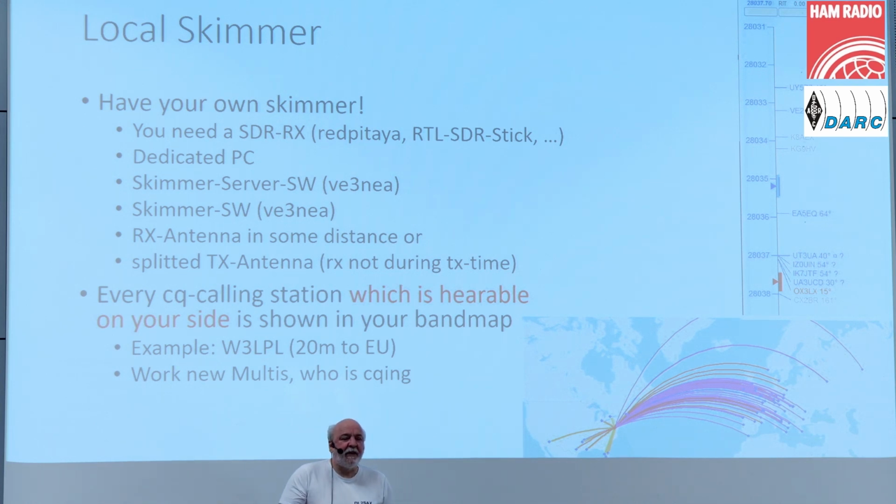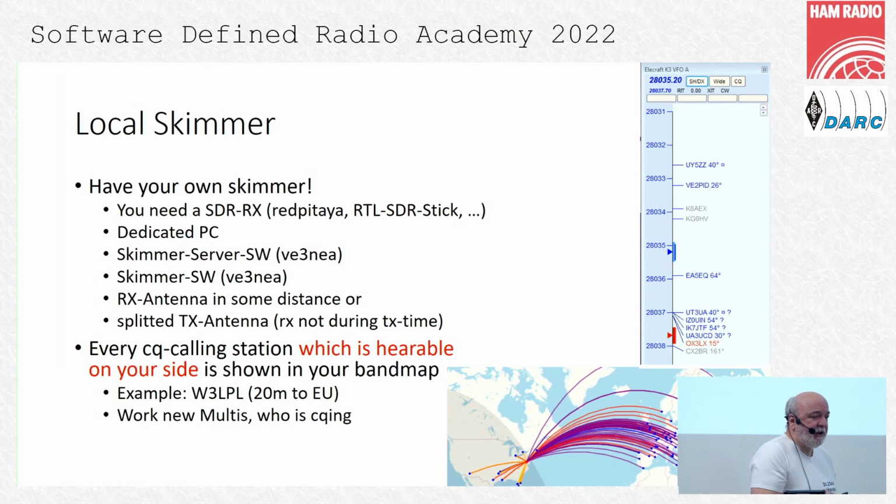What do you need for your own skimmer? You need an SDR transceiver, Red Pitaya, RTL-SDR, or something like this. You need a dedicated computer for this. You need 2 parts of software, the skimmer software and the server software from VE3NEA, a very common programmer of amateur radio software.